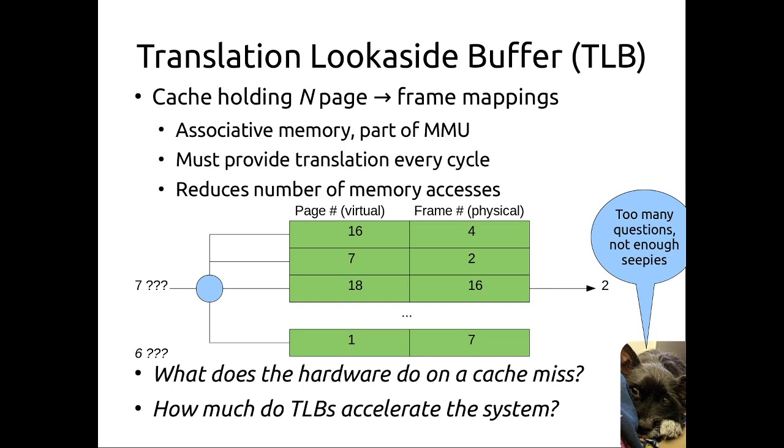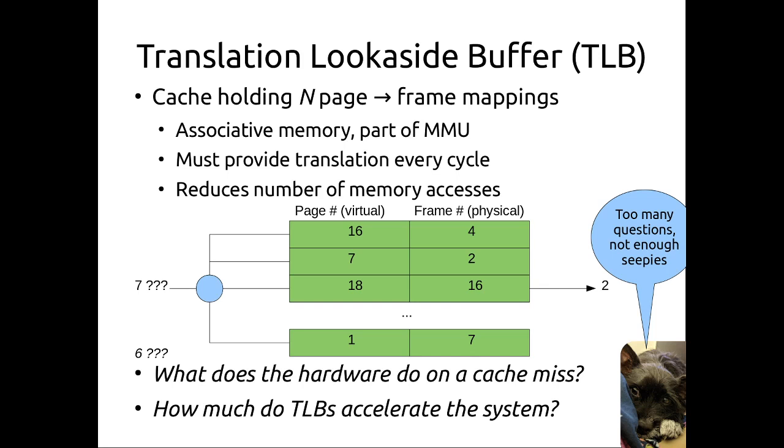Now remember, a cache is a small piece of storage that stores a subset of some other larger amount of storage, usually in a faster to access form of storage, right? So you can access the cache relatively quickly. And that's exactly what the TLB is. It holds n page-to-frame mappings within the system, including holding all those bits, the readable, writable, executable, and valid or invalid bits, right? So it holds all of that.